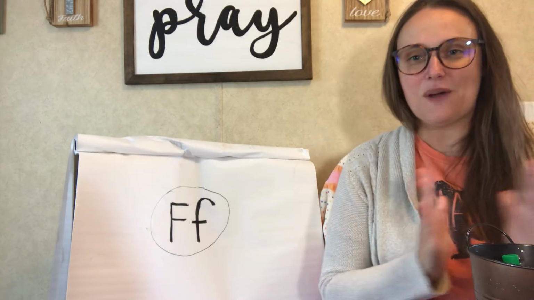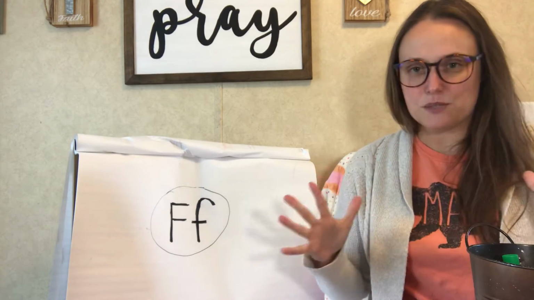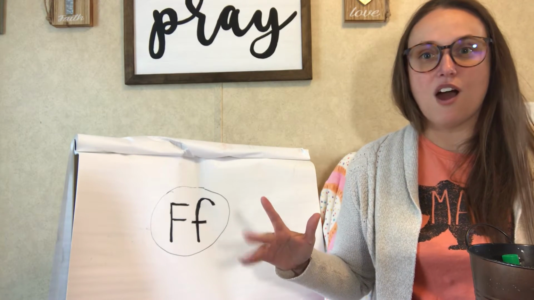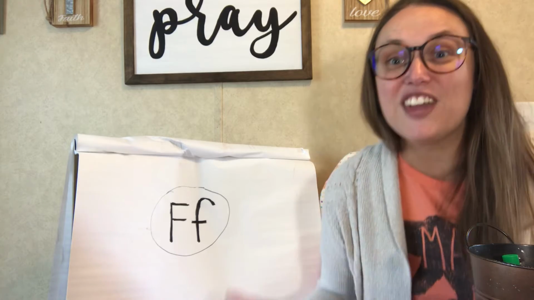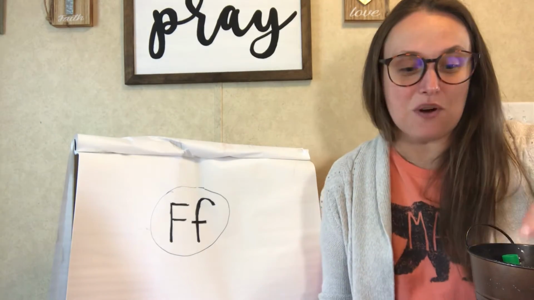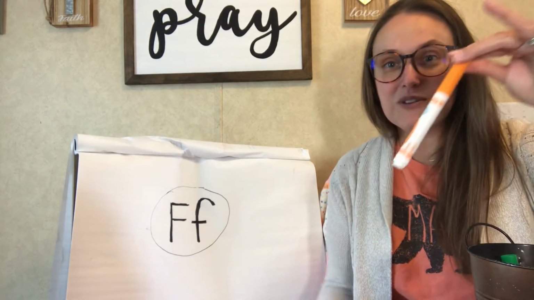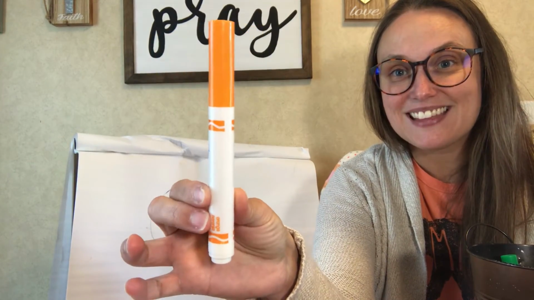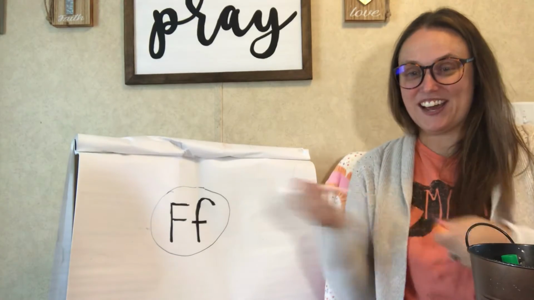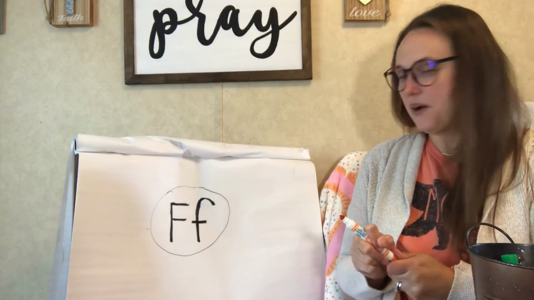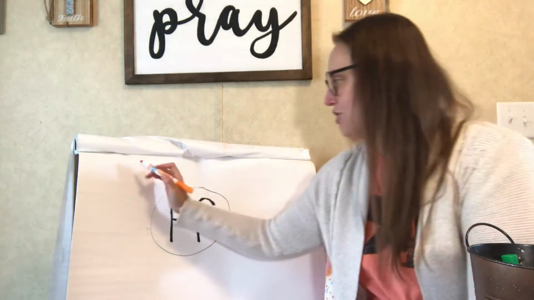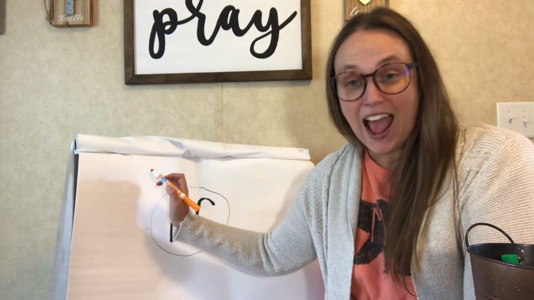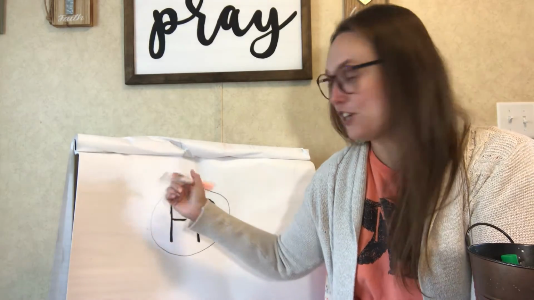Okay, so I'm thinking of something that begins with fish. I'm going to draw a fish, and I'm going to use this color. What is that color? Orange. Okay, so I'm going to draw my fish over here, just like Finny fish, our alpha friend.